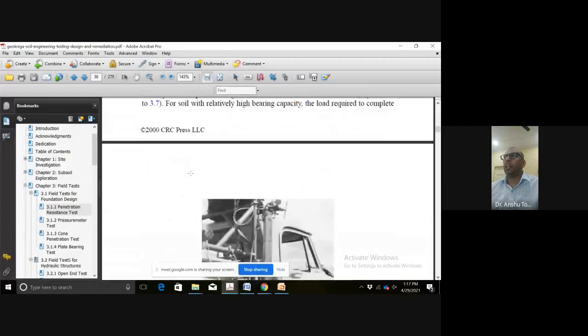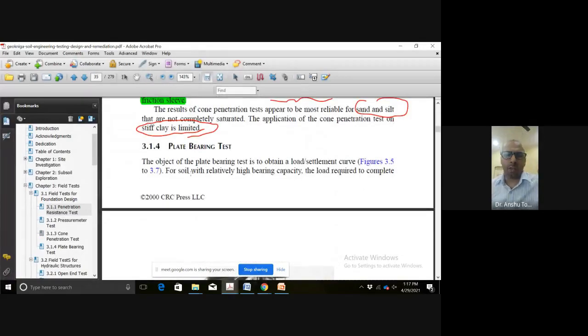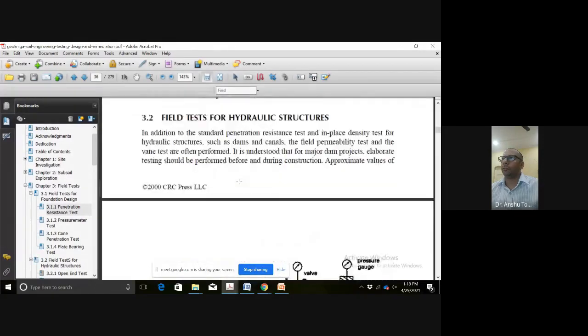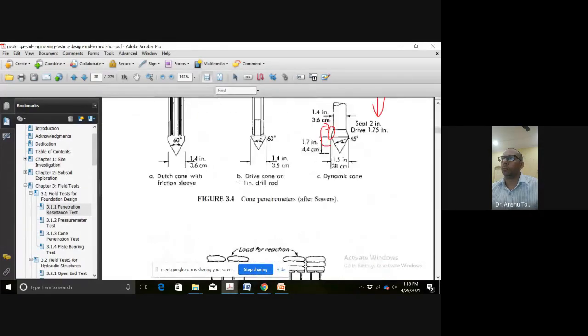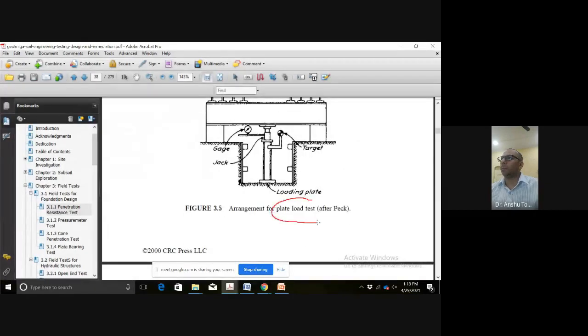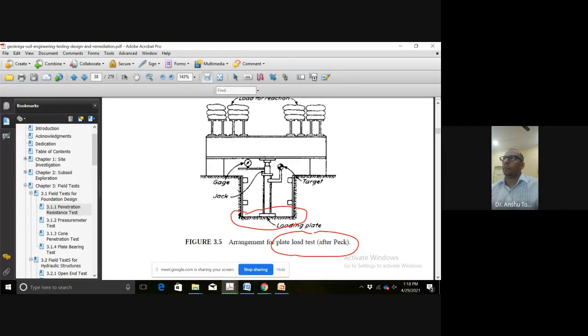Plate bearing test, this most of us know. Sometimes we used to do it in first year or in second year. So it is, let us see, figure 3.5. This is called the plate load test. And we want the values here at this particular level. So we construct a platform till here.